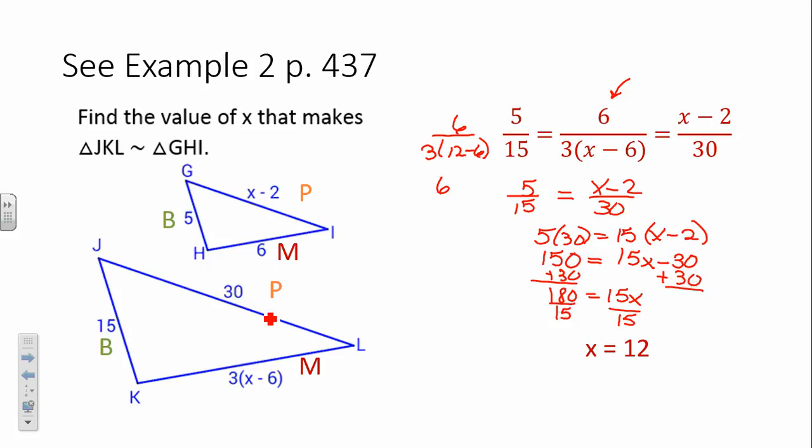So does 6 over 18 reduce to the same thing that 5 over 15 does? 6 and 18 have a 3 in common, so we get 1/3, and 1/3 is also equal to 5/15. So we know that it checks. So x is equal to 12.